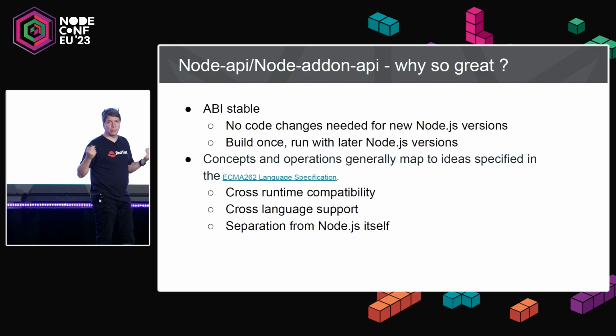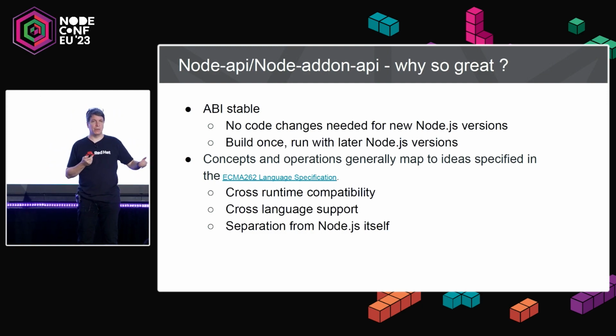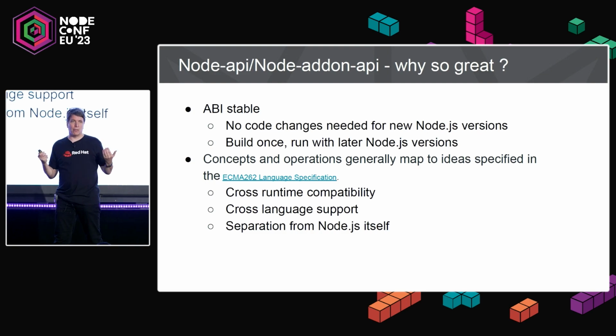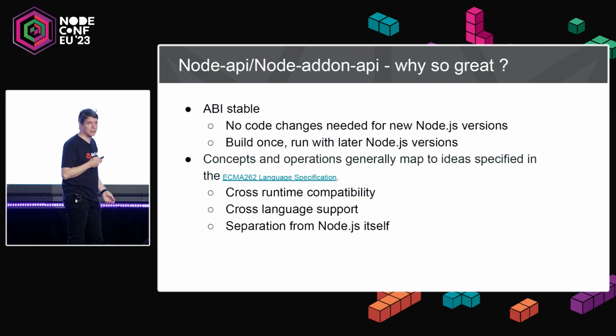that, as we hear people talk about different runtimes, and we've had a few talks today, just a couple talks before, about how there's more than just Node.js out there, it's great now that Node-API itself is really not tied to any one runtime, and so you can get cross-runtime compatibility.